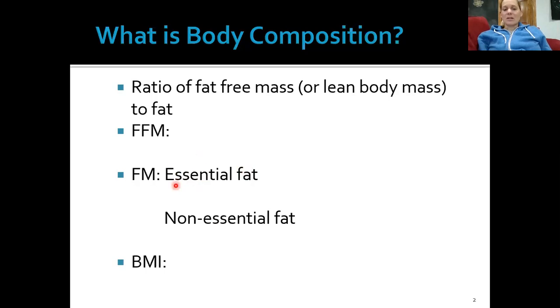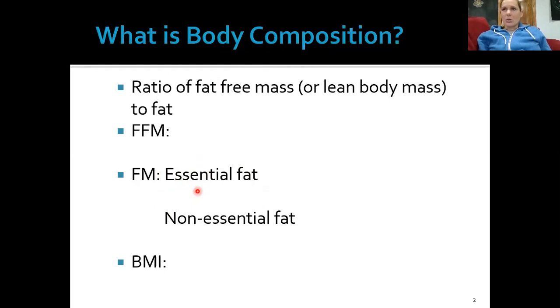When we're talking about essential fat as it relates to body composition, we're talking about what you need to have in order to maintain physiological function. So yes, is it related to nutrition? Yes, absolutely. But the definition of essential fat is basically the amount of fat that I need to have within my body in order to maintain basic physiological functioning.